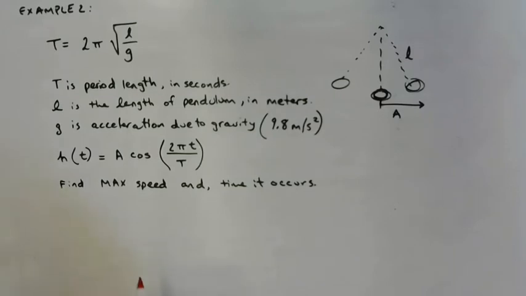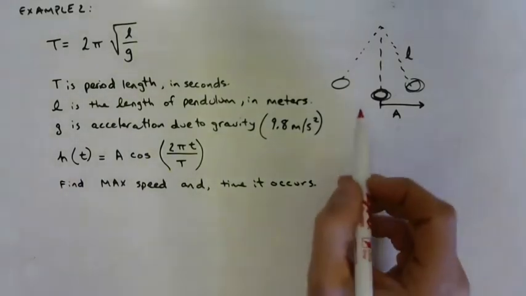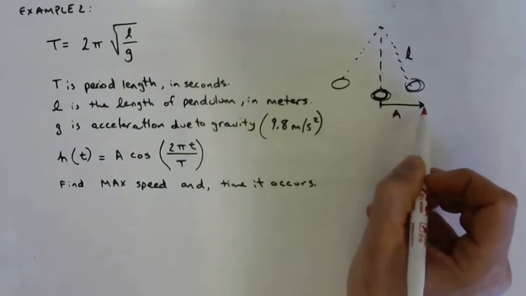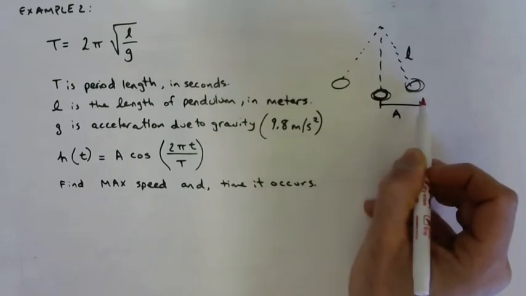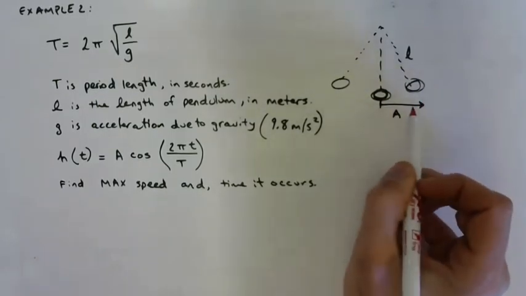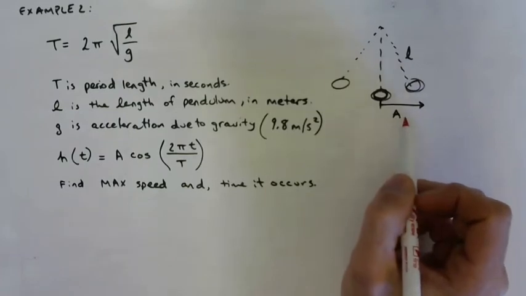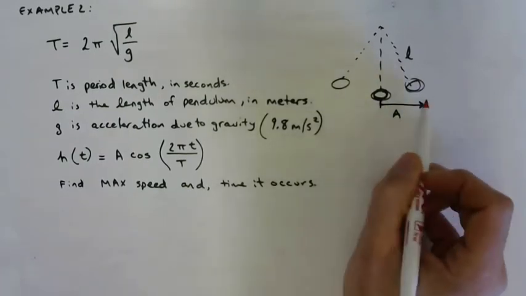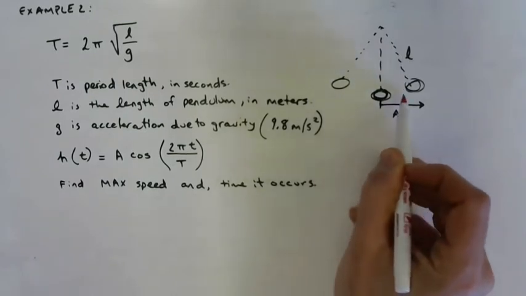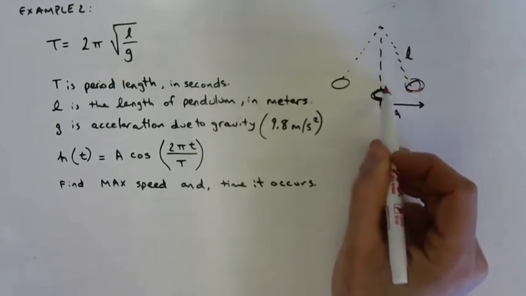Let's talk about it first, because it's really not that difficult to understand it as a concept. If you're starting here and you're pulling the pendulum here and then you let it go, you're going to get a speed of 0 at 2 points. You're going to get a speed of 0 here, where it changes direction to go back, and a speed of 0 here.